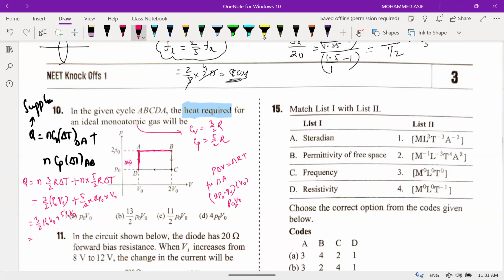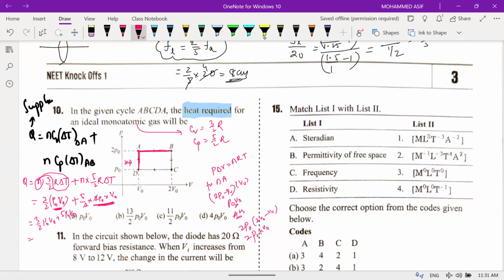That is the reason in place of nR delta T I got P naught V naught. Then for the A to B process, pressure is 2P naught and volume is 2V naught minus V naught, so it is 2P naught V naught. That is why I got 2P naught V naught here.